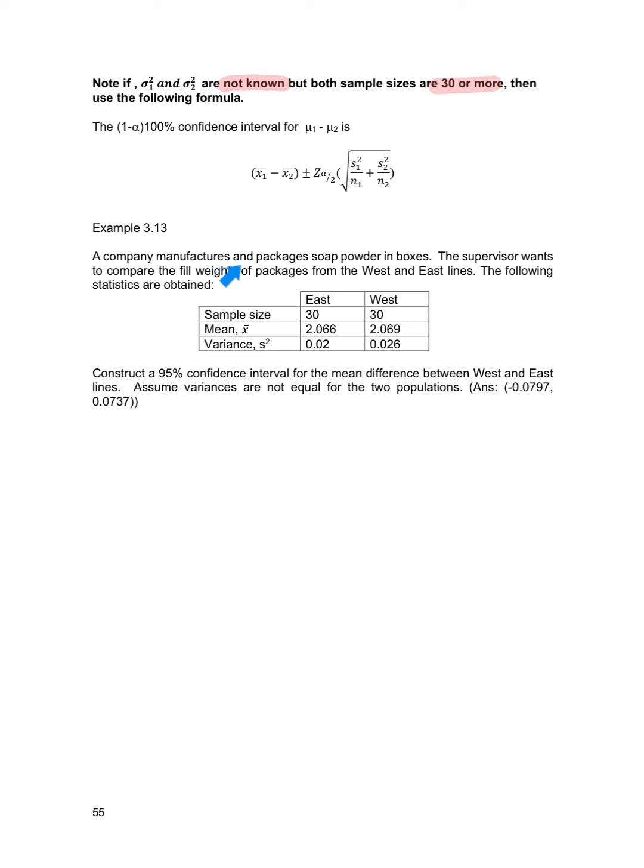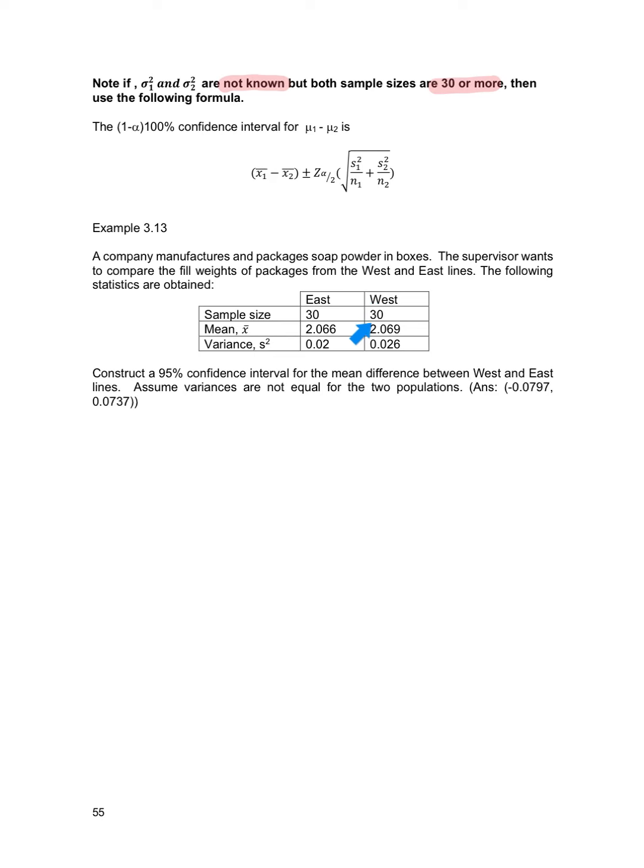A company manufactures and packages soap powder in boxes. The supervisor wants to compare the fill weight of packages from the west and east lines. Okay, so the two populations here refer to the packages from west and east line. Okay, the following statistics are obtained. So for east, we have sample size 30, x bar 2.066 and variance 0.02.